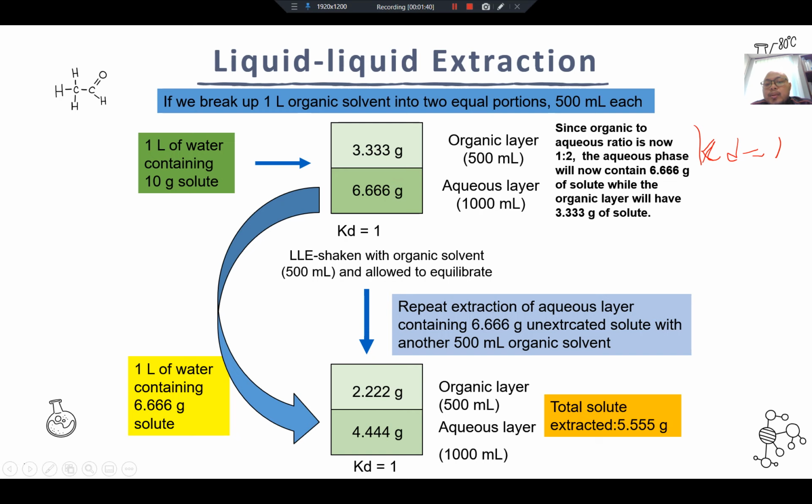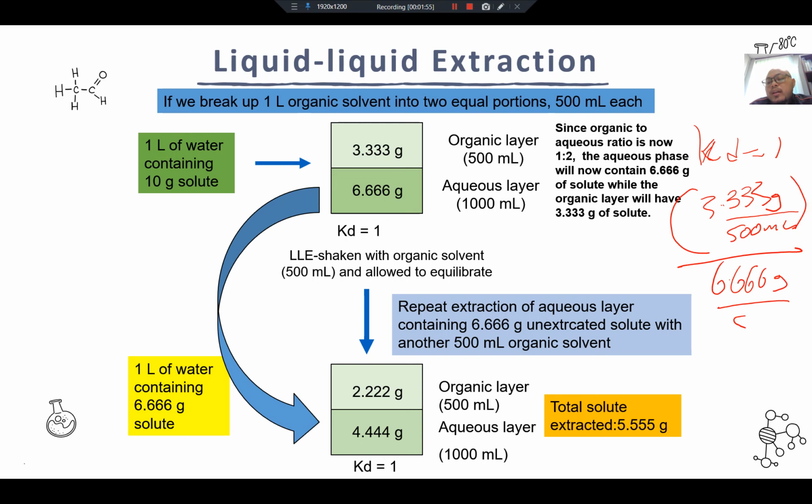If you don't believe me, you can calculate again. 3.33 gram in 500 ml, divided by 6.666 gram over 1 liter, 1000 ml, sorry. You will get KD equal to 1. It's KD because KD is constant, right?